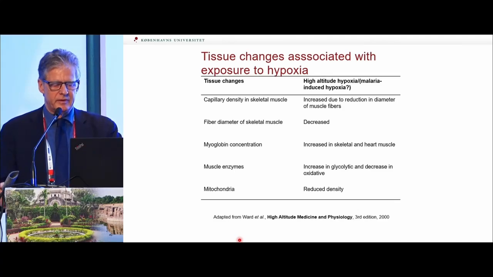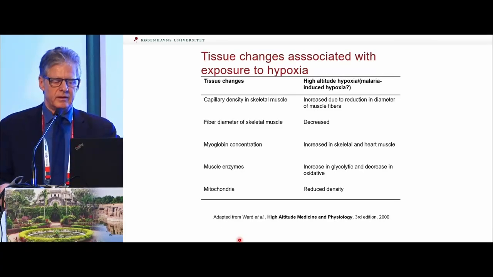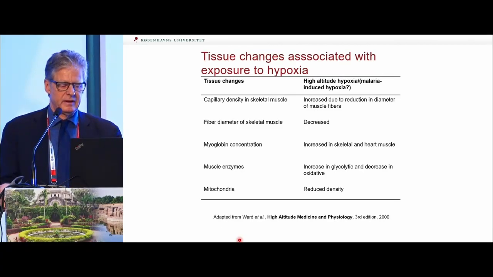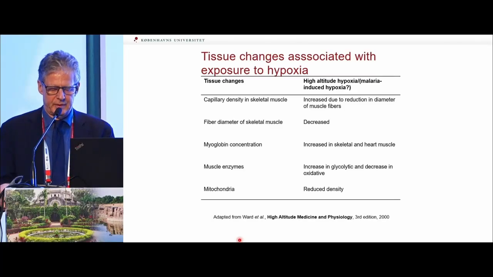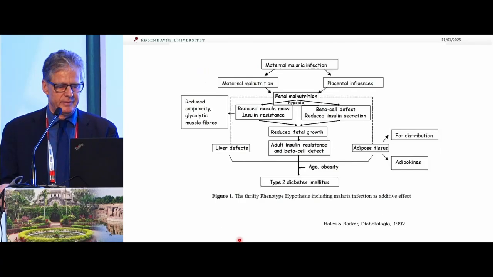Muscle enzymes will be changed also, with an increase in glycolytic and a decrease in oxidative enzymes, and there will be a reduced density of mitochondria in order to adapt to the hypoxic environment in the fetal state.